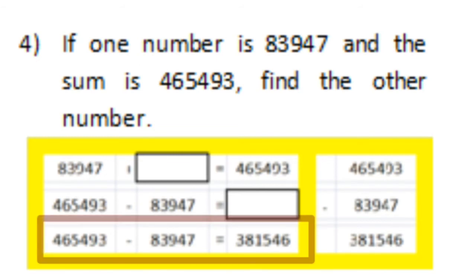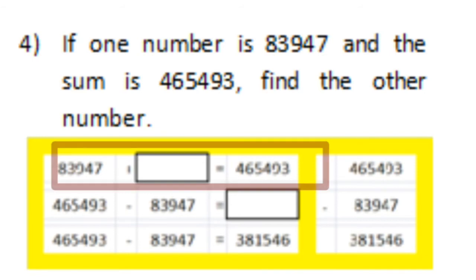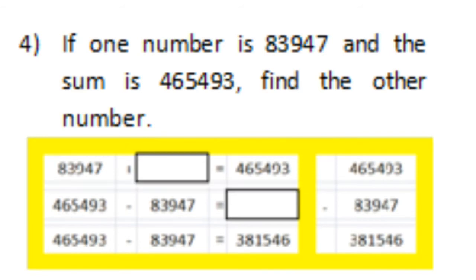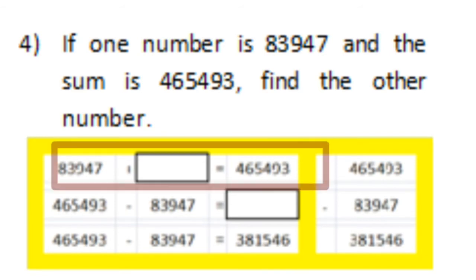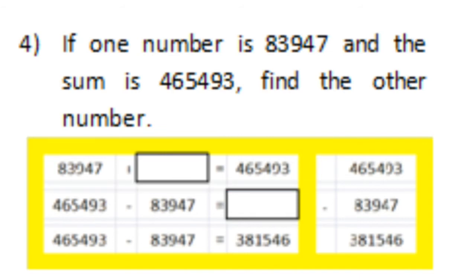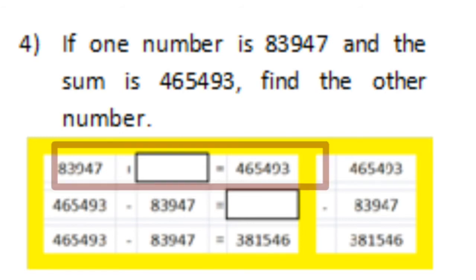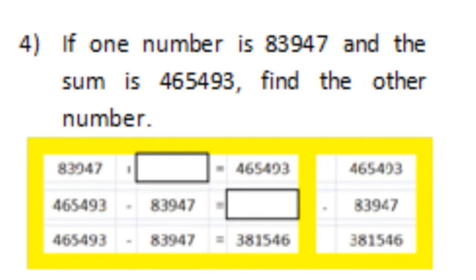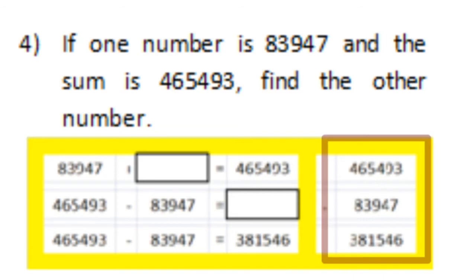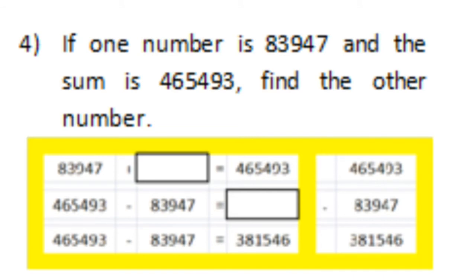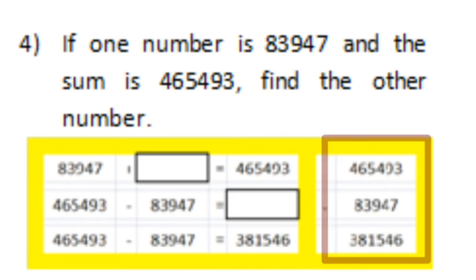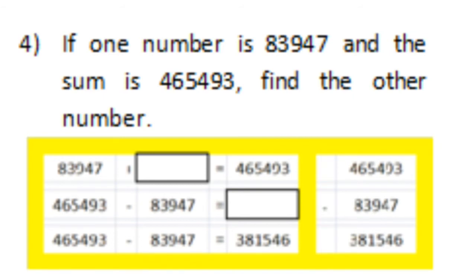So 83,947 plus 3,81,546 equals 4,65,493. You see on the right side how it is checked. The sum minus the addend, we get the missing number, that is 3,81,546.